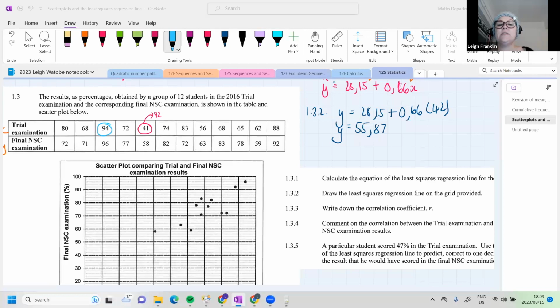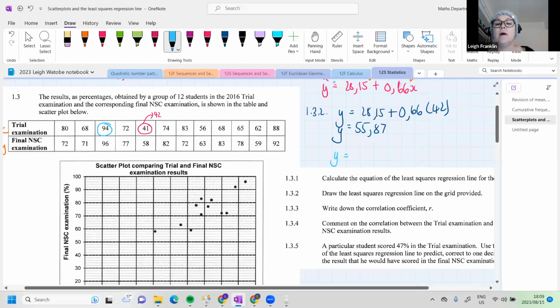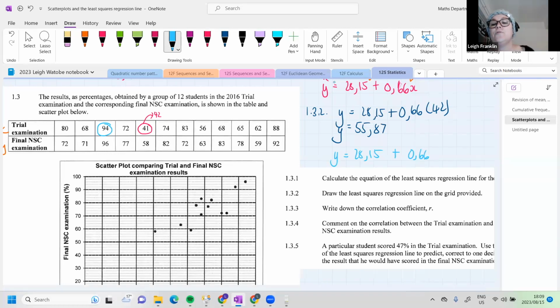I'm just writing this down. So something that is just a little bit smaller than 94, let's use 93. See how we are not allowed to go past our smallest value or past our biggest value. I can't draw my least squares regression line past here, and I can't draw it past there.